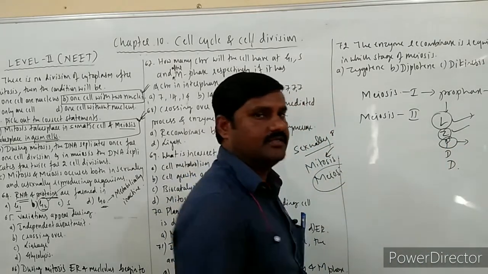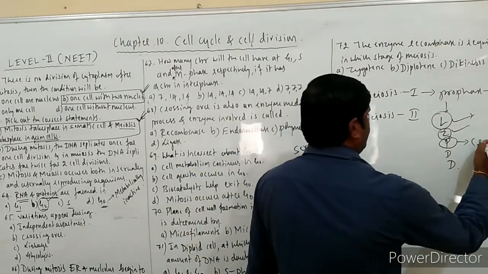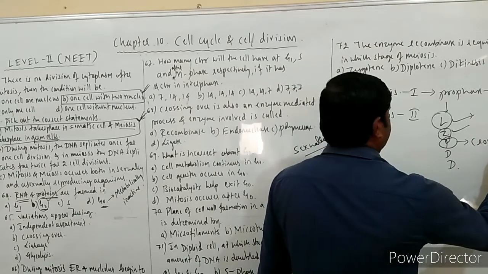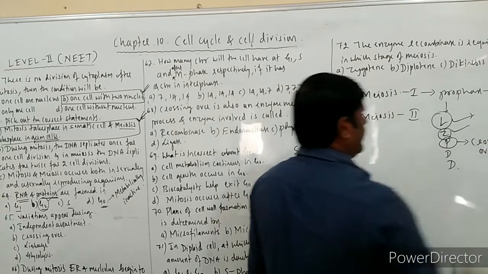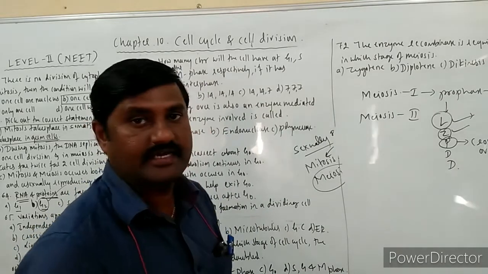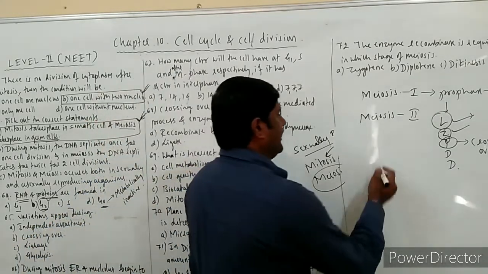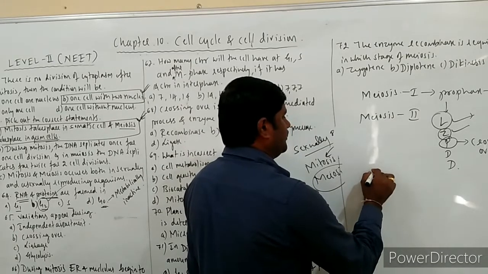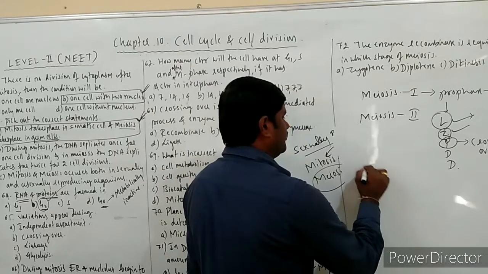The crossing over occurs here. This crossing over leads to change in the genetical characters due to exchange of the chromatids between two homologous chromosomes.